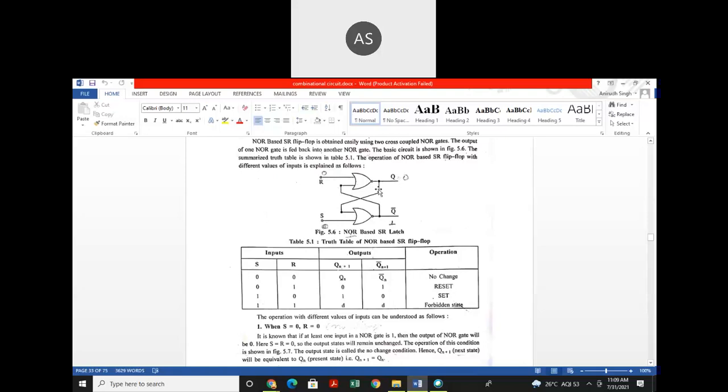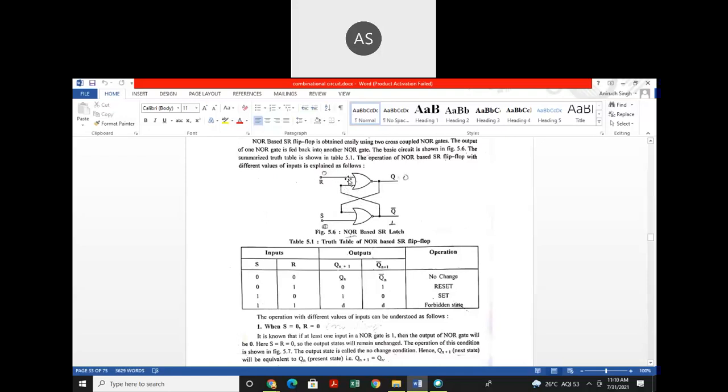Then this 1 is connected to this NOR gate input, and since this is 1 and 0, here we get 0, and this 0 is connected to the other NOR gate.